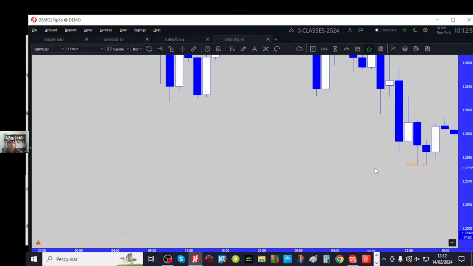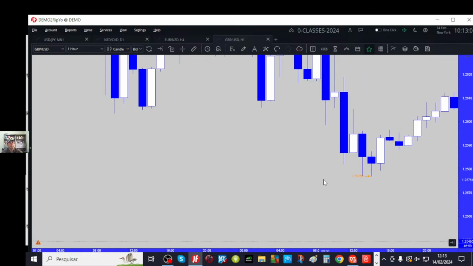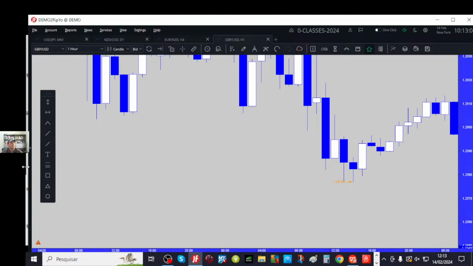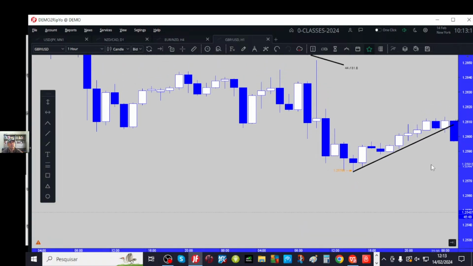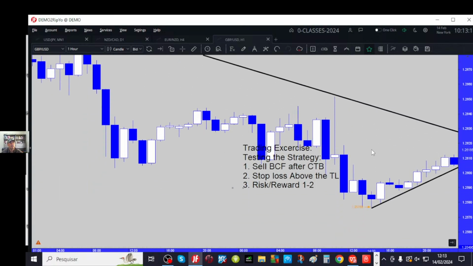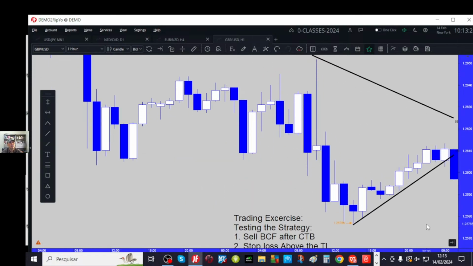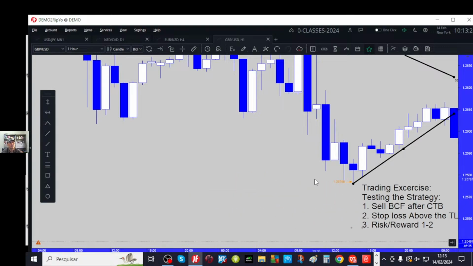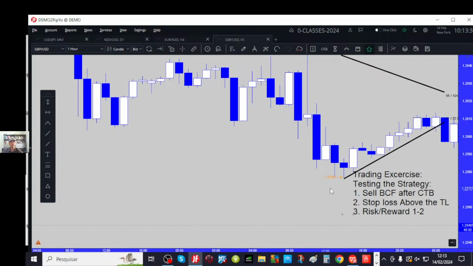Now I'm monitoring closely those candles, up, up, up, up, of course. The strategy says enter at the counter trend line break, right? And if I extend the trend line and take this strategy down here, everybody, do we have a counter trend line break? Yes or no? Type in the chat. One more candle, right? Do we have a counter trend line break?